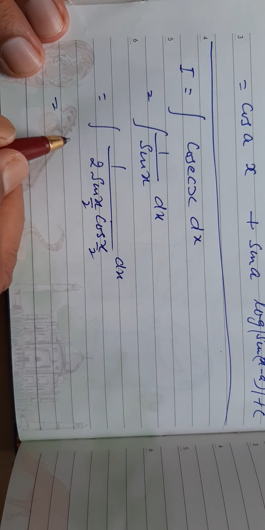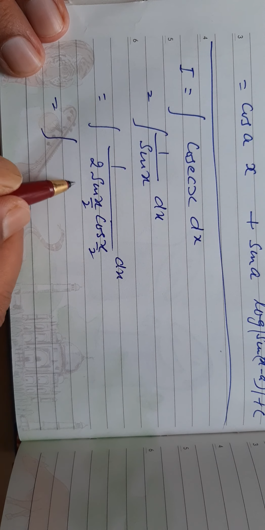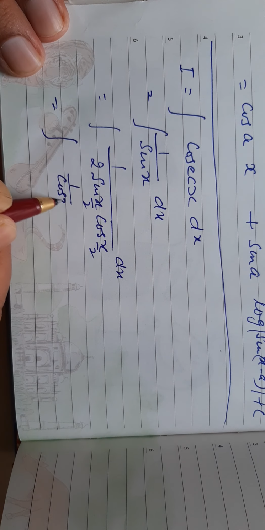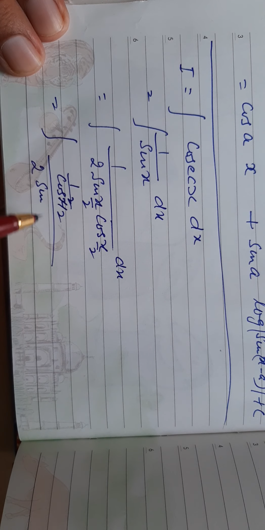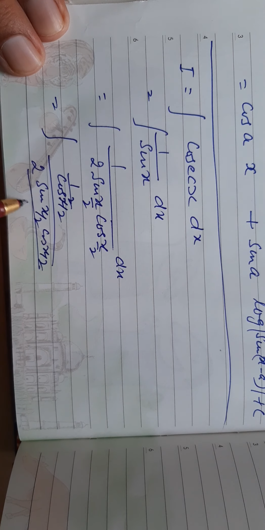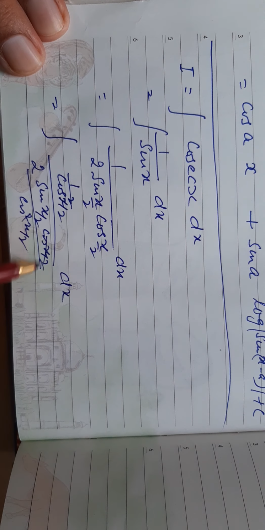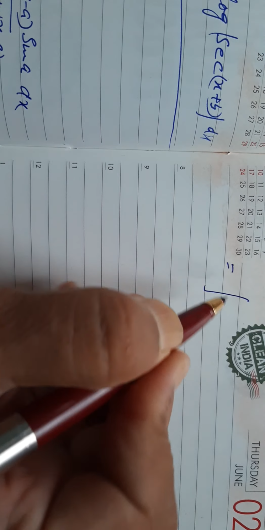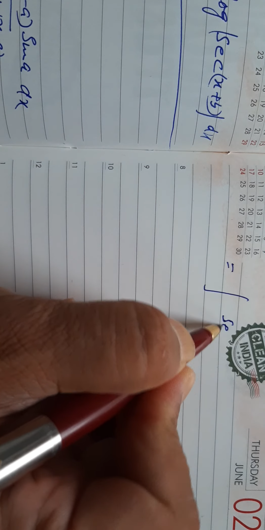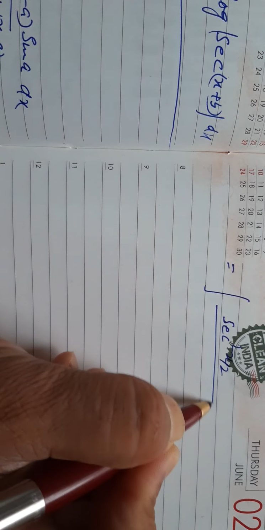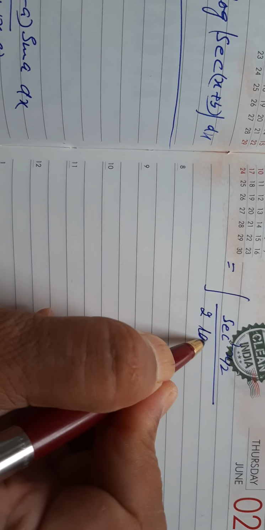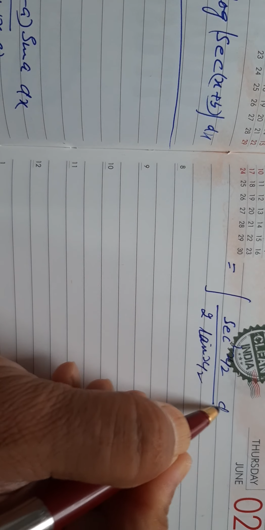Dividing numerator and denominator by cos square x by 2, one cos is cancelled, and here we are left with 1 upon cos square, which is secant square x by 2, divided by 2 tangent x by 2 dx.